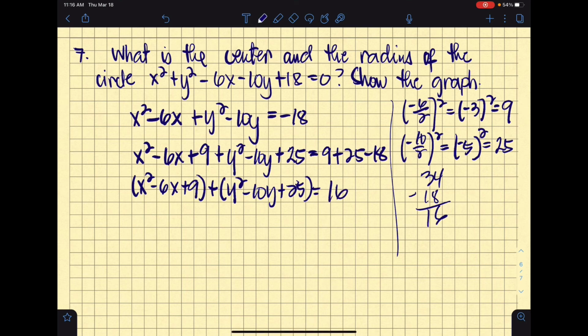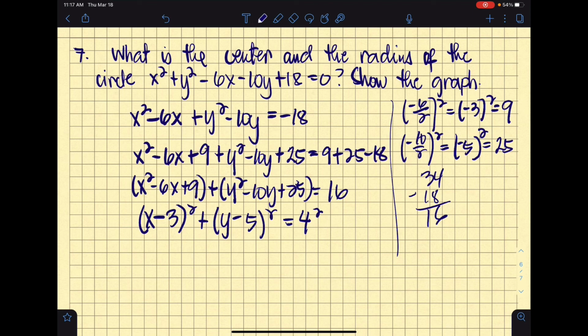So we actually have a perfect square here. Okay, and then you factor them. So x squared minus 6x plus 9, it's a perfect factor. It's x minus 3 squared plus y minus 5 squared equals, so 16 is actually 4 squared, to easily identify the parts of our standard form.